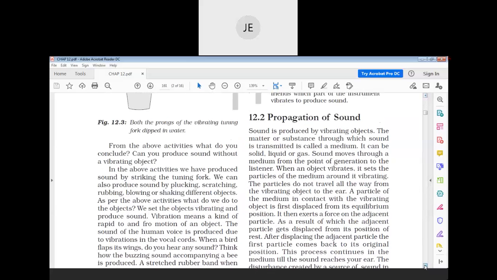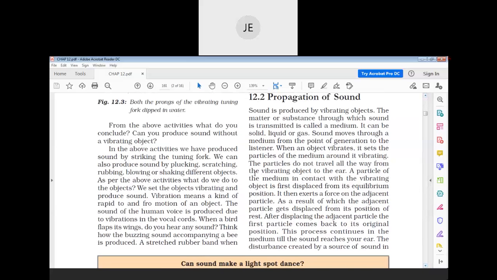So from the above activities, we can conclude that we have produced sound by striking the tuning fork. We can also produce sound by plucking, scratching, rubbing, blowing, or shaking different objects.